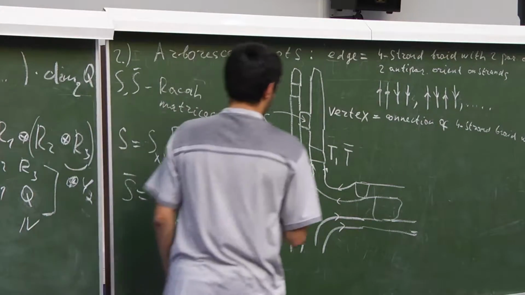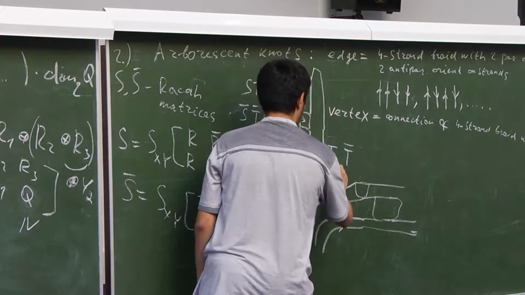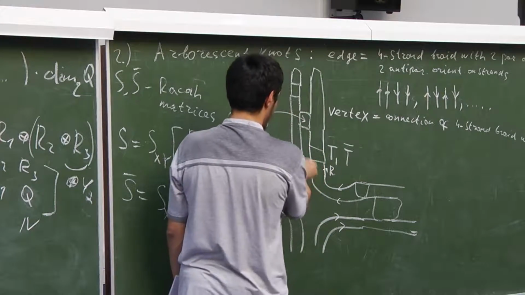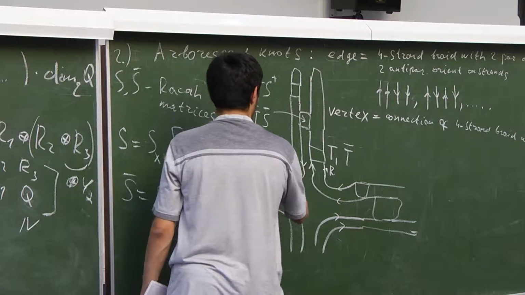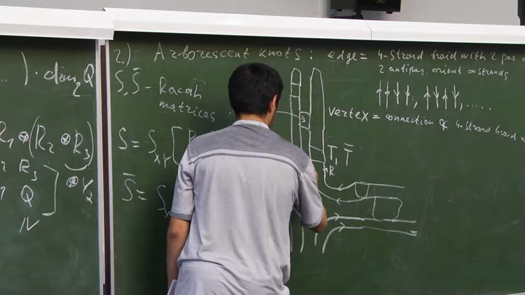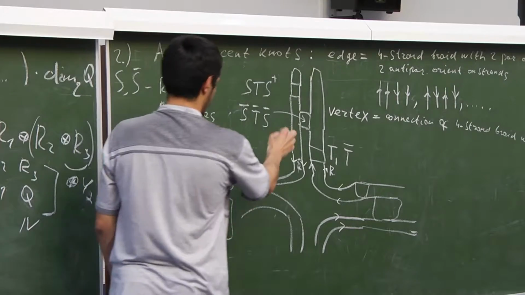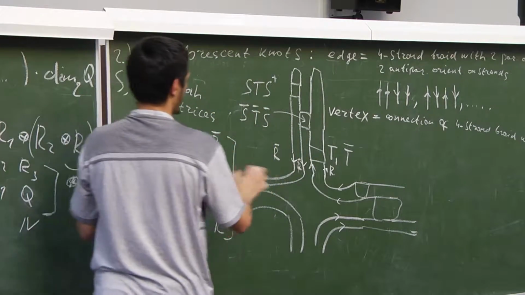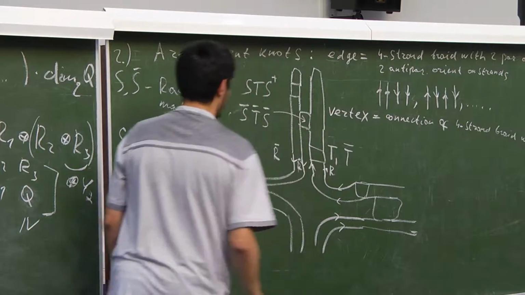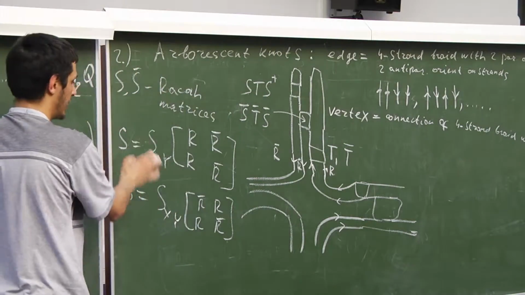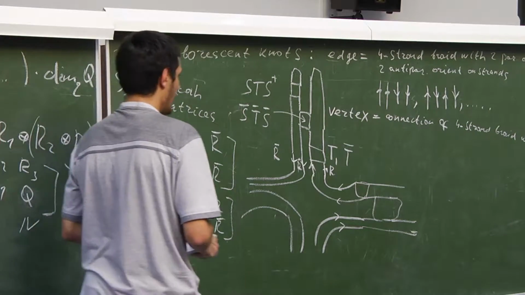So for some orientation, I associate representation R, but then in this strand, for another orientation, I should associate representation R adjoint. And then it turns out that in this construction, any possible Racah matrices can be reduced only to these two types, S and S bar.